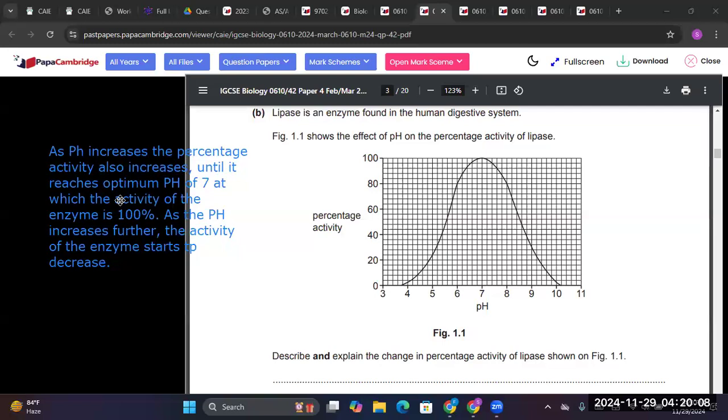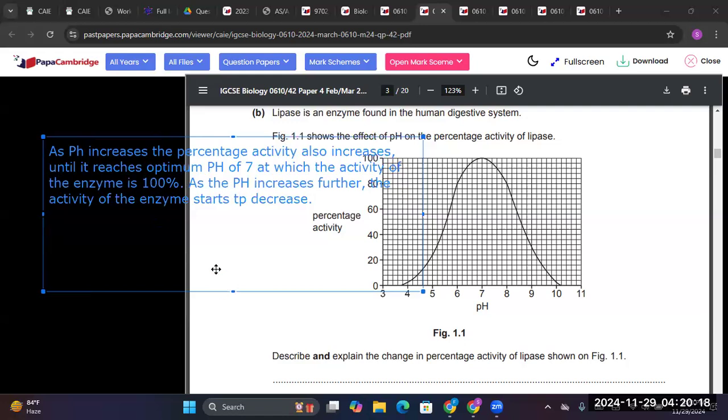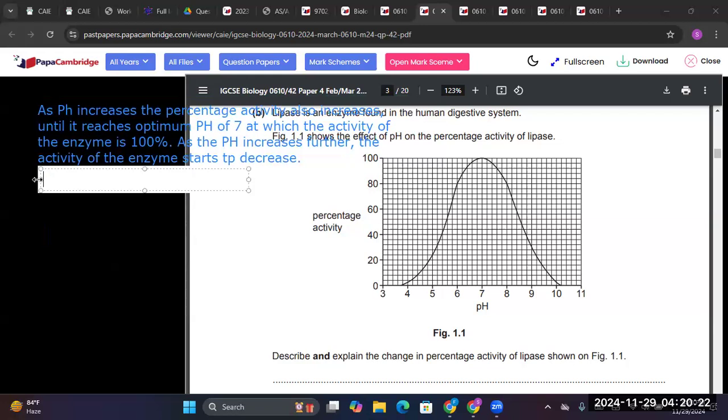Now we have to give an explanation. What do we write down in the explanation? Hajra, your explanation was fine, but just how can you make it one step better?